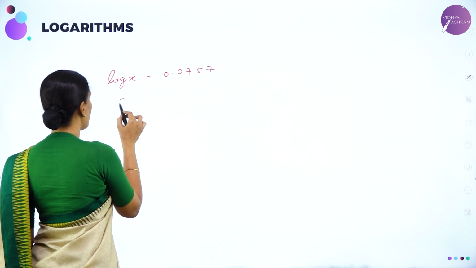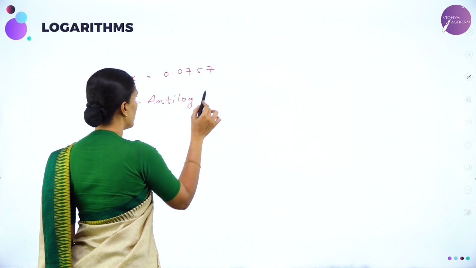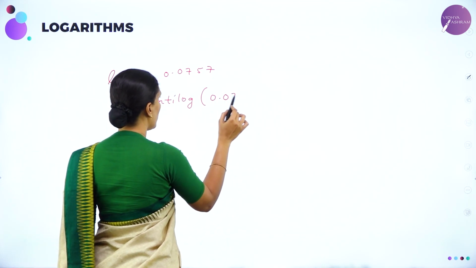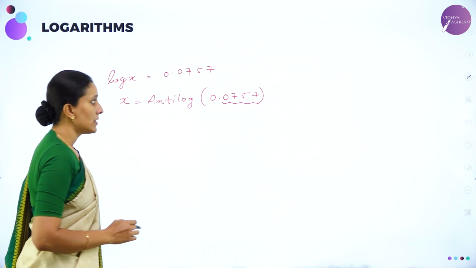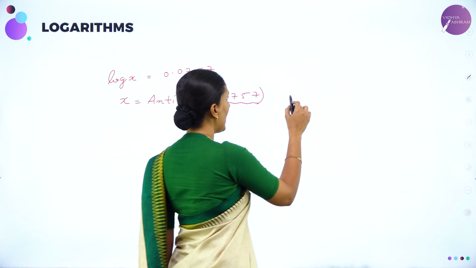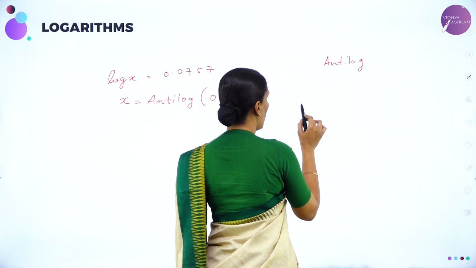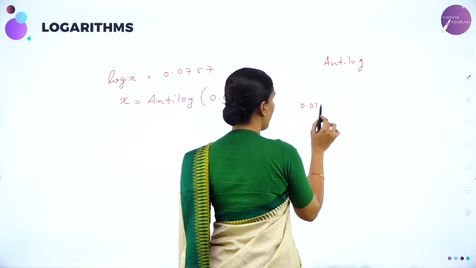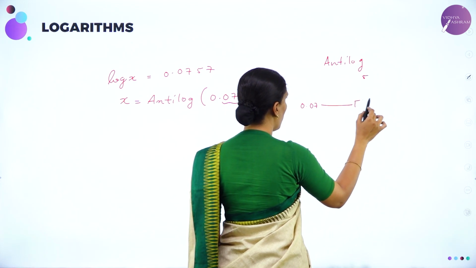0.0757, which means we need to find x by taking anti-log of 0.0757. So let's check the value. So that means in the anti-log table, you need to check the row containing 0.07, then move towards a column headed by 5, note the number.